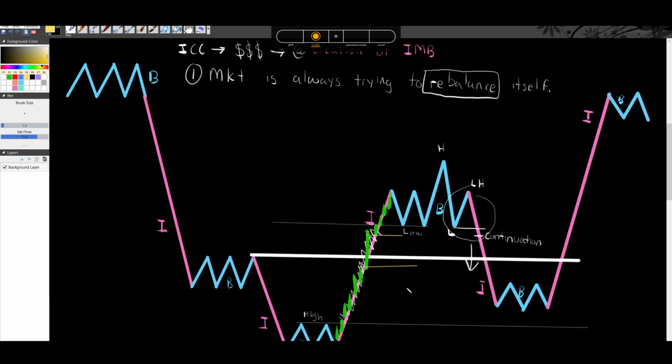What I'm doing is I'm just saying, hey, I have a bunch of bullish candles here. Or even if I had red candles, even if I had a couple red ones in here, it doesn't matter.